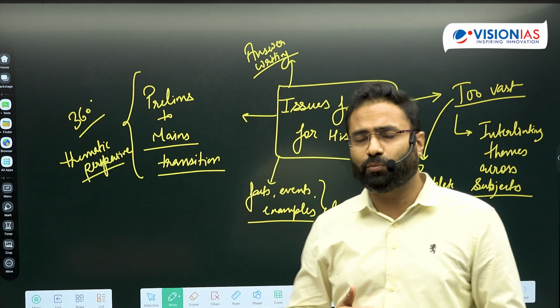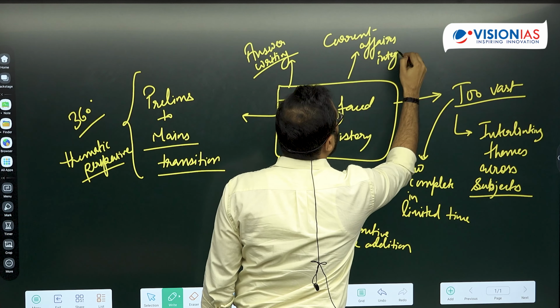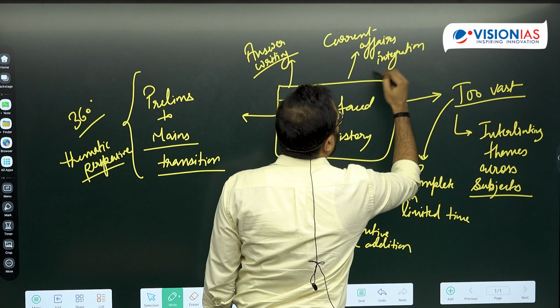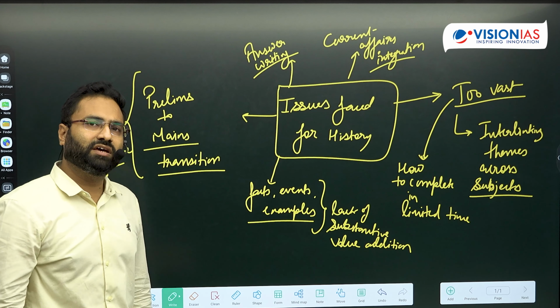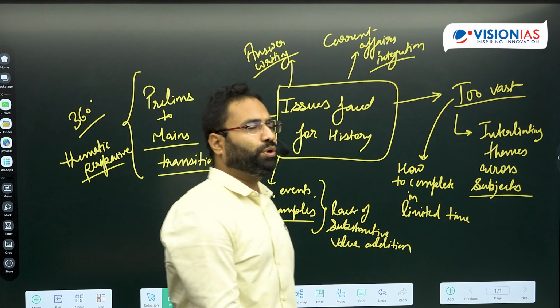Another difficulty is with respect to current affairs integration. Now see, the subject history is generally considered to have questions only about the static part, right? But that is not the case. UPSC keeps on asking questions which are comparatively more important if there is any context attached to them.